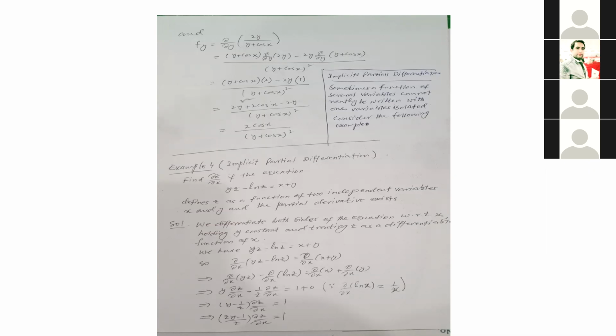On the left hand side, keeping y as constant, you take it outside and you are left with y times del z over del x, minus, you know, the derivative of log z with respect to x is 1 over z into del z over del x.